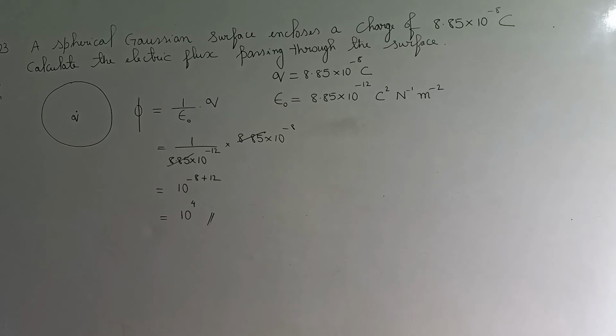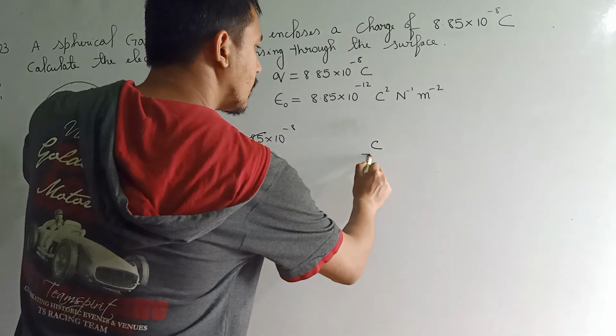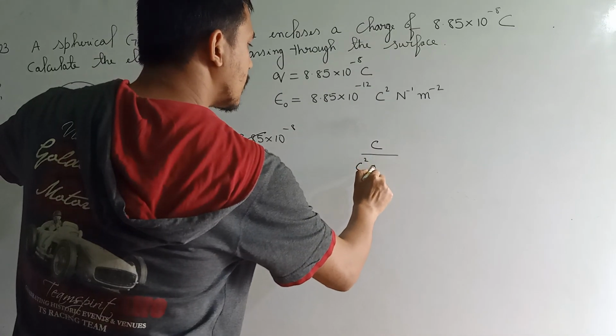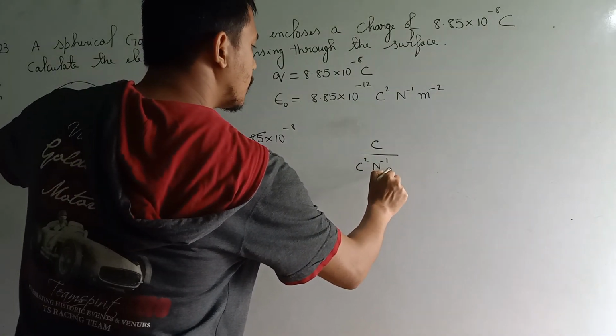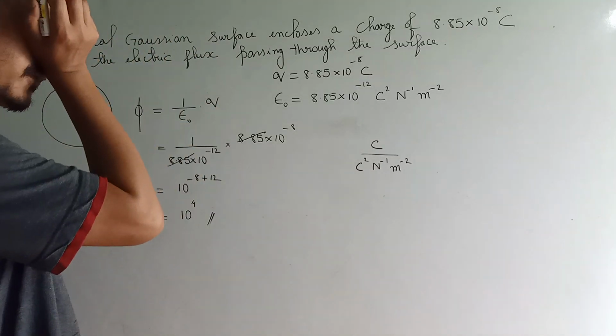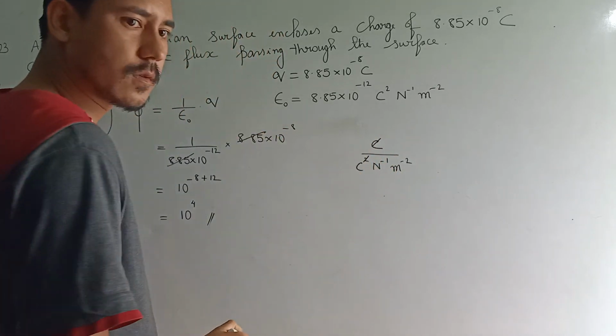What will be the unit for electric flux? See, Q means coulomb, right? And epsilon naught means coulomb square per Newton per meter square. Here 1 coulomb cancels out.